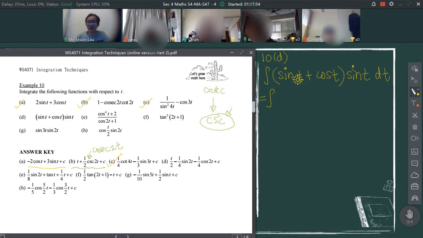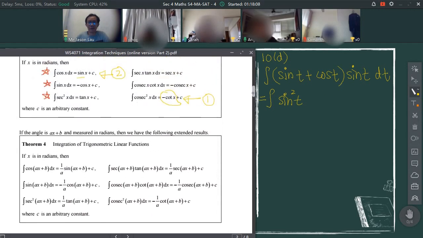So here we'll multiply out, because you cannot just integrate it directly because there's no formula for us to do it directly. Okay, so we will multiply out.